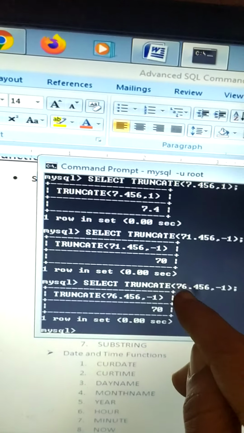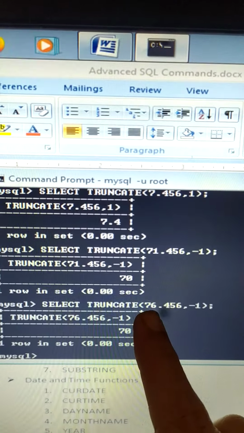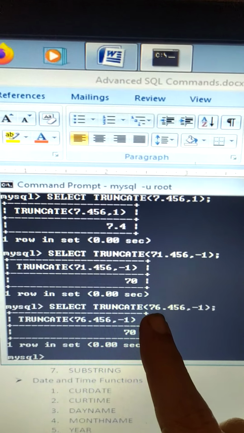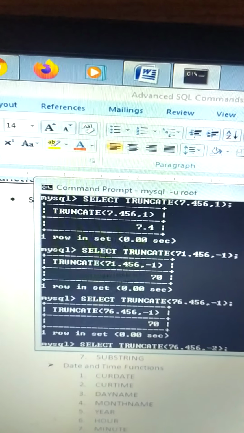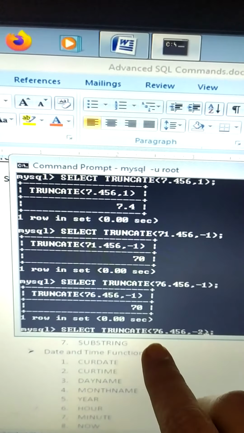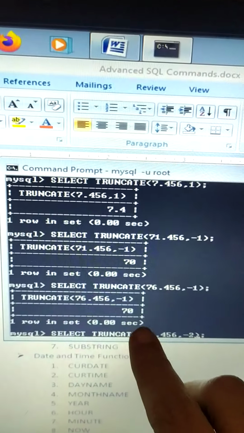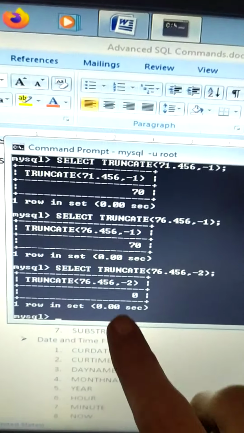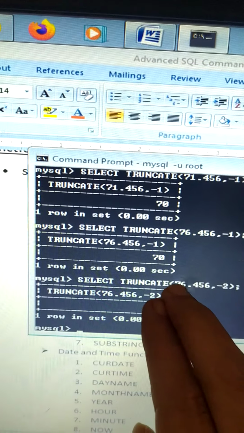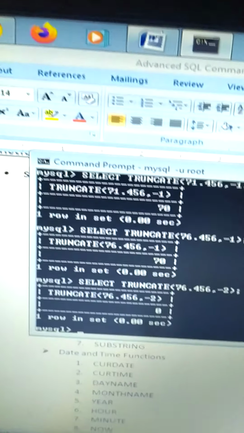That means the one digit before the decimal point will be 0. Now if we write it as 76.456, -2, then 0 will be returned. Both the values before the decimal will be 0, so 0 is returned.